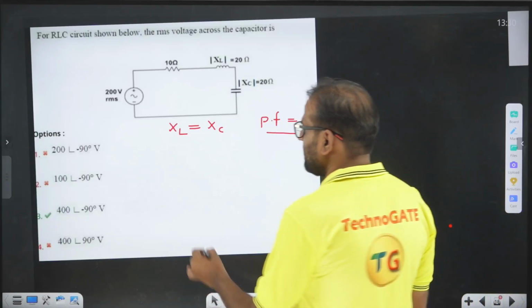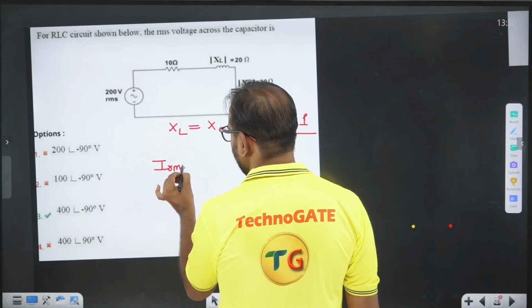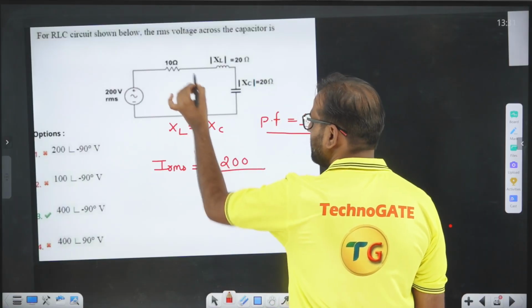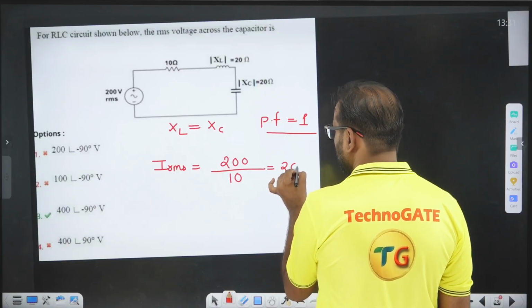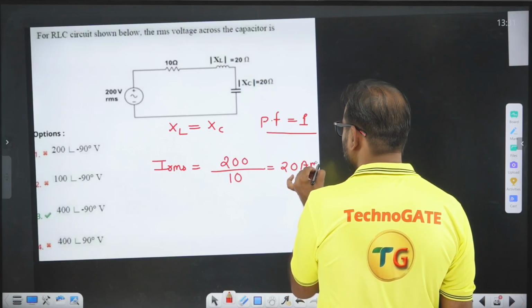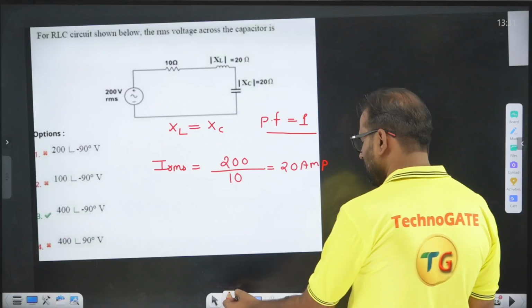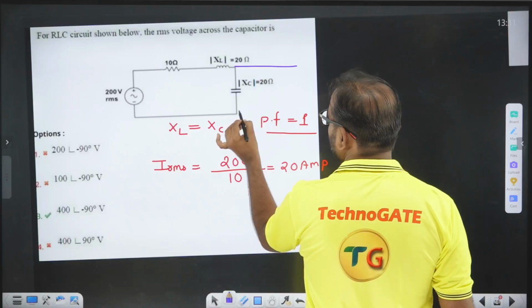So in resonance, can I say the current in the circuit, IRMS, is given by the applied voltage divided by the resistance, which is 10 ohm? So this value is 20 ampere. IRMS is 20 ampere. Now do you know what the voltage across the capacitor is?